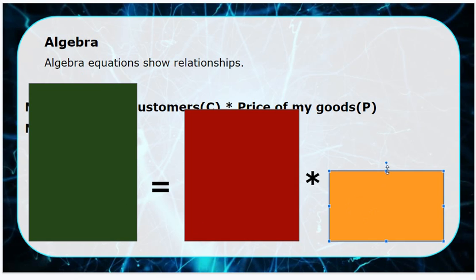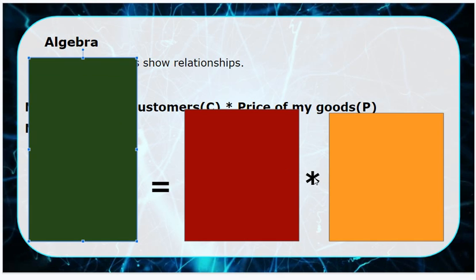And if this gets bigger, then that affects this, and everything gets bigger. That's the relationship here. Multiplication means the relationship is that they build each other up. They don't take away from each other. They build each other up. Okay.